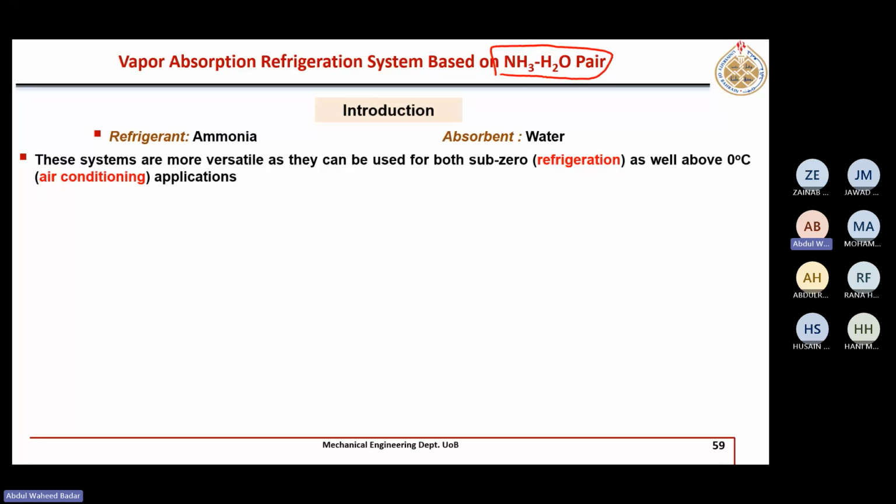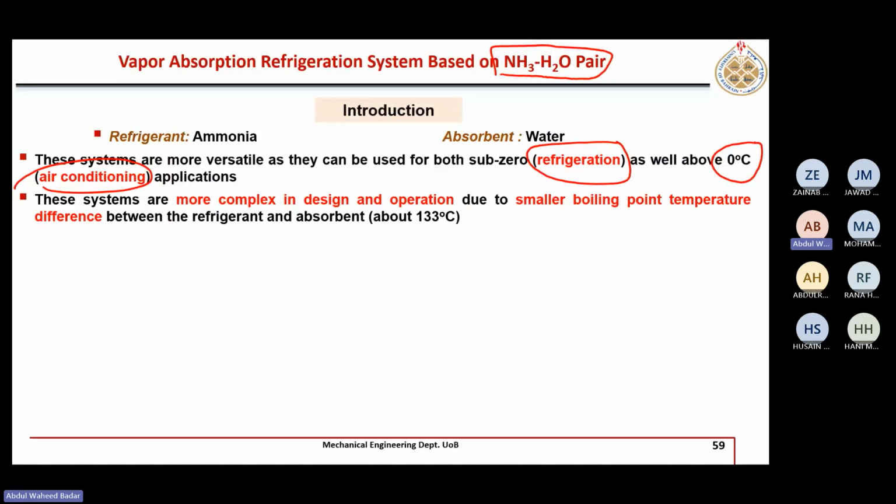These systems can be used for both air conditioning applications and also for refrigeration applications, because here the refrigerant is ammonia, and ammonia does not freeze at temperatures of 0 or less than 0. The freezing point of ammonia is very low, so that's why we can use these systems for freezing applications.